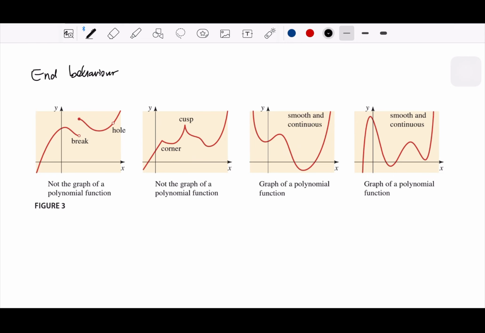If you take a look at the first two graphs, you will see that the first one has a discontinuity at some point, and in the second one we have a point where there is a sharp corner or a cusp. These tend not to be polynomials. So the first two are not polynomial functions.